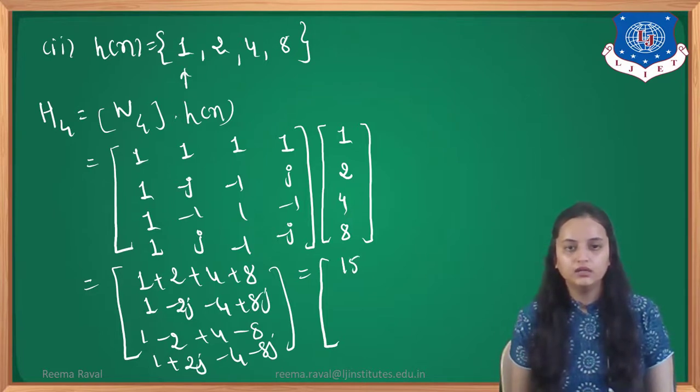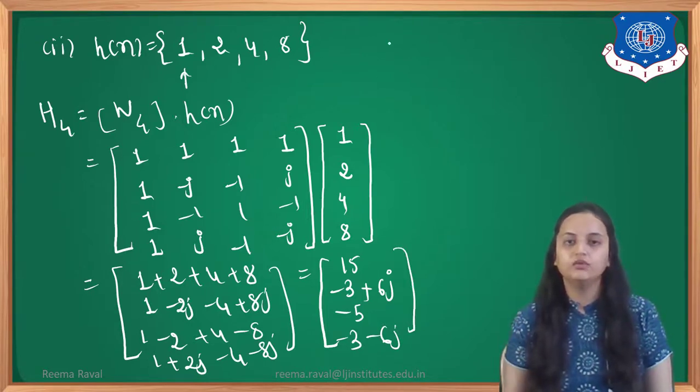Next value is 1 minus 4 is minus 3, plus 8 minus 2j, that means 6j. And the next value is 1 minus 2 is minus 1, plus 4 is 3, 3 minus 8 is minus 5. Then the next value is 1 minus 4, that is minus 3, then minus 6j.